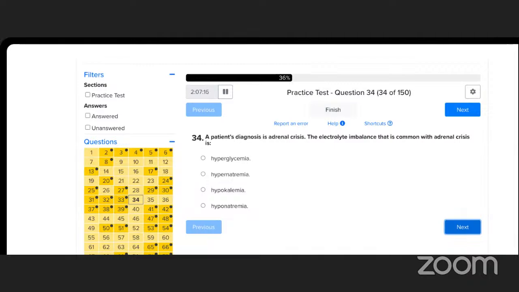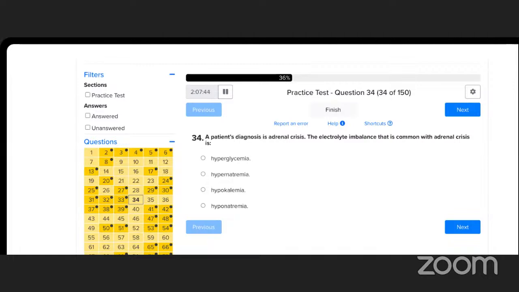If you need to look up in Google and see what an adrenal crisis is, I'll just give you a minute. And if you already know which one, you can put in the chat which one you think it is. Is it hyperglycemia, hypernatremia, hypokalemia, or hyponatremia?